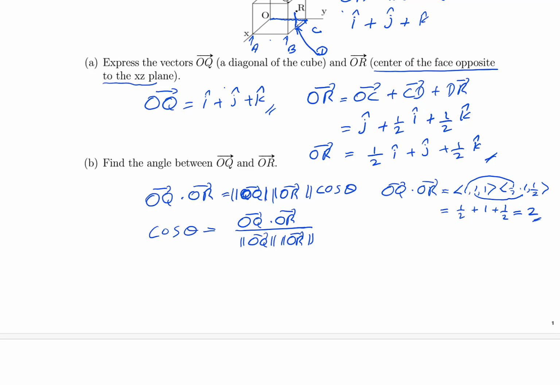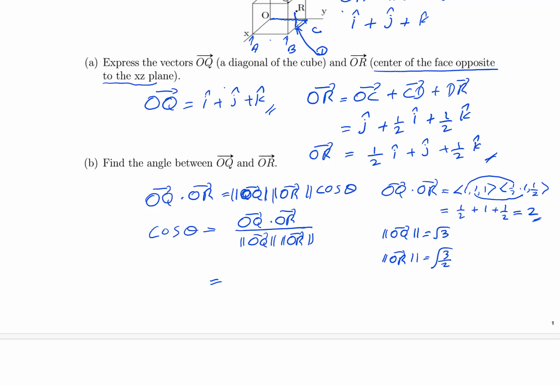Then we need to find the magnitude of OQ and the magnitude of OR. So what is the OQ? You see that the OQ magnitude is square root of 3 and the magnitude of OR is 3 over 2, right? Therefore, plug the numbers in.